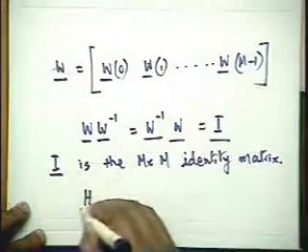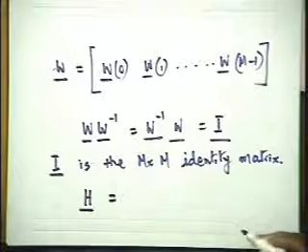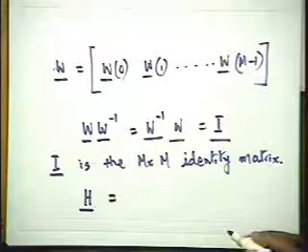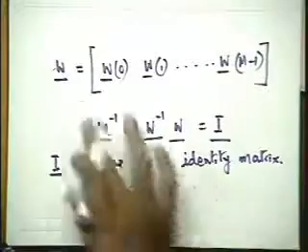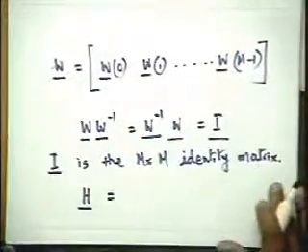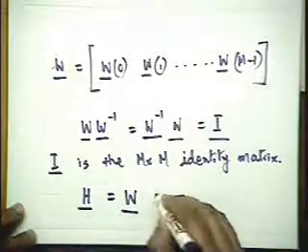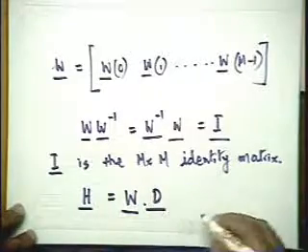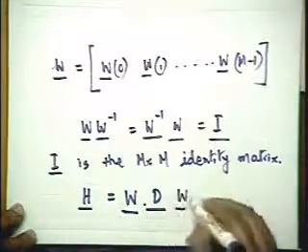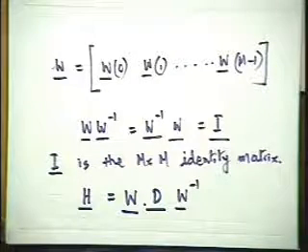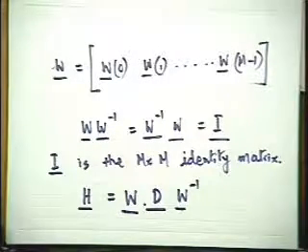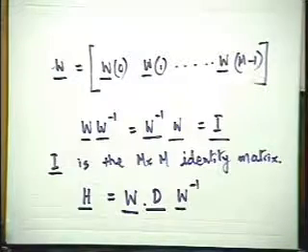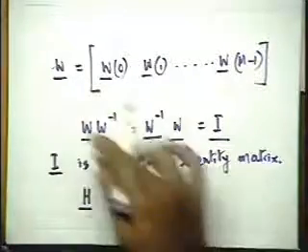By the elementary matrix property, because already I have got W as the eigenmatrix, the matrix consisting of the eigenvectors, I can write H equal to W multiplied by the D matrix multiplied by W inverse. What is this D matrix? D matrix is the diagonal matrix whose elements are the eigenvalues of H.